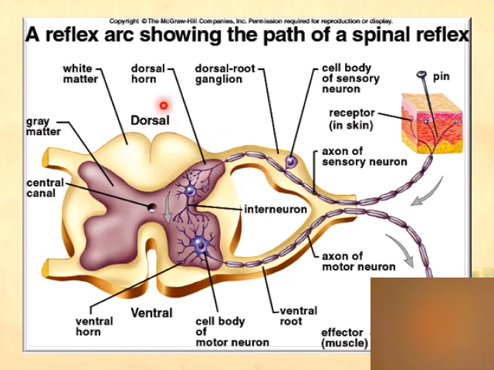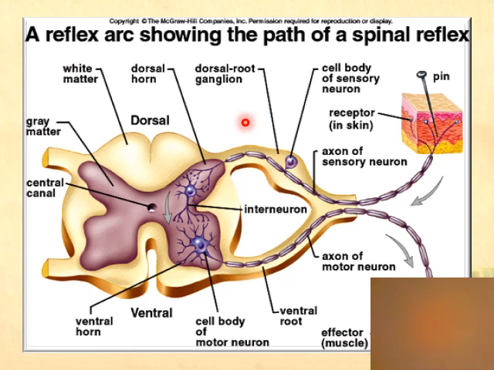Why is the nerve message controlled by the spinal cord during a reflex action and not by the brain? You have to know why, because if the message were to go to the brain, it would take time and you would be hurt and you would suffer from damage.